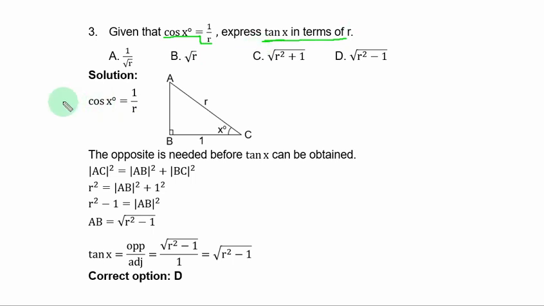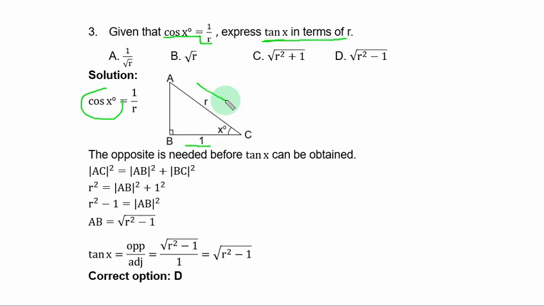From the given information about cosine, you draw a right angle triangle in order to get the side that is needed to evaluate tan s. This angle is the acute angle. This side is opposite, it is unknown. This is adjacent. You have hypotenuse.